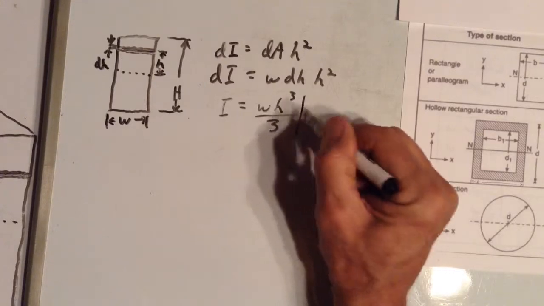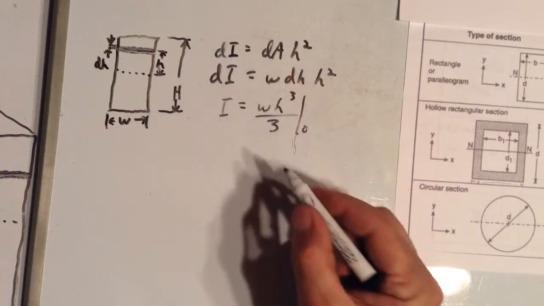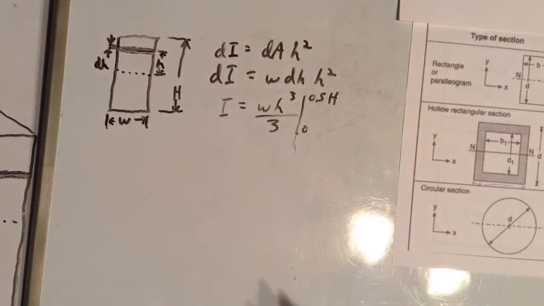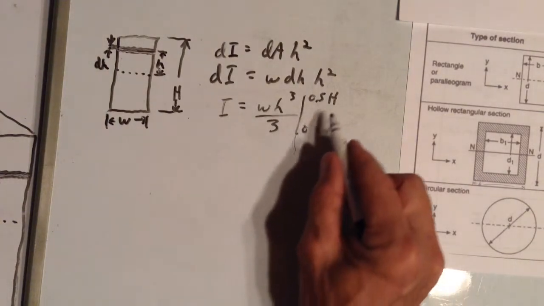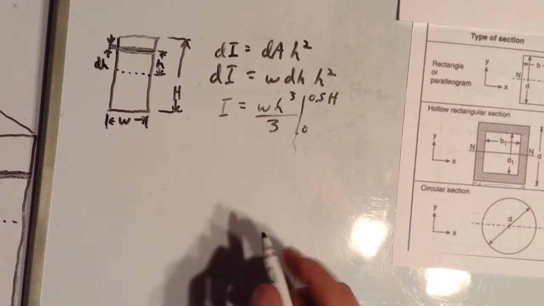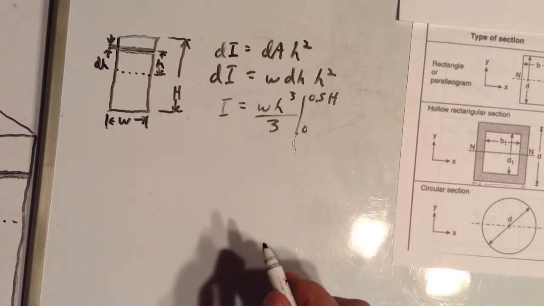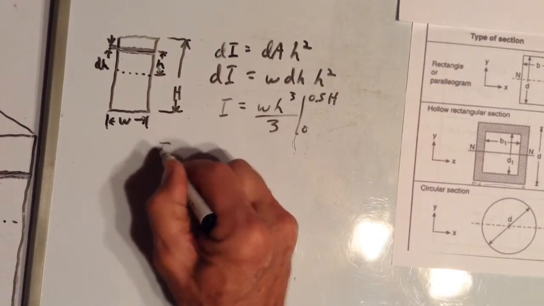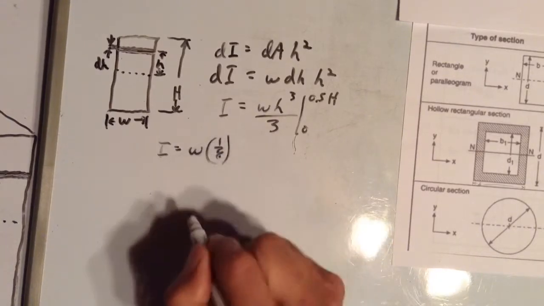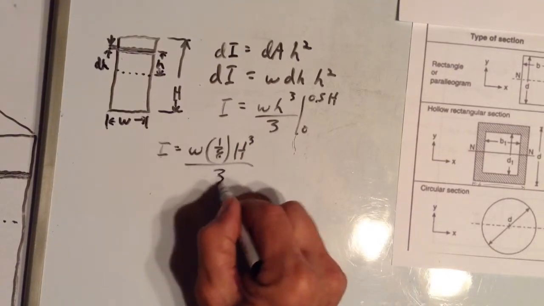And we're integrating. Our limits of integration are from 0 to 1/2 capital H, 0.5 times capital H. Okay. So we plug in 0.5 times capital H there, and we'll get 0.5 times 0.5 times 0.5, that's 1/8, times 1/8 capital H cubed over 3.